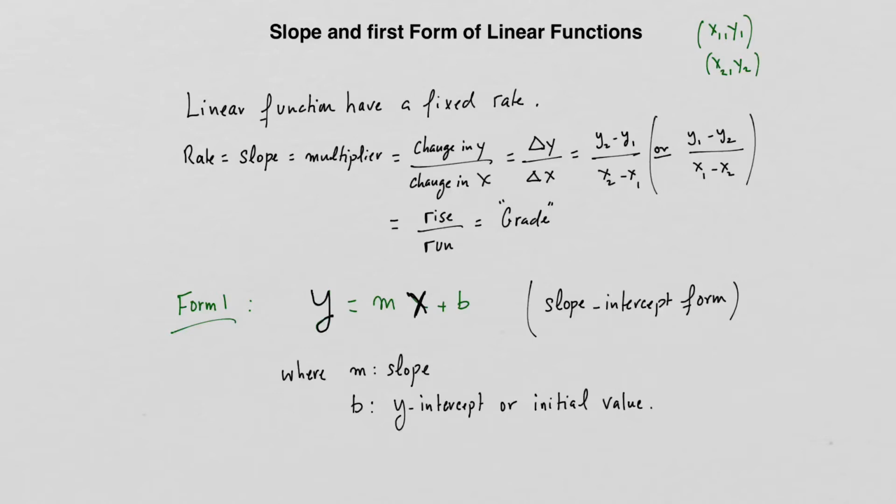You have to be consistent. You either go in this direction and say y2 minus y1 over x2 minus x1, or move the other direction and say y1 minus y2 over x1 minus x2. Make sure you begin with y's. Y's go to the top and the x's go to the bottom.